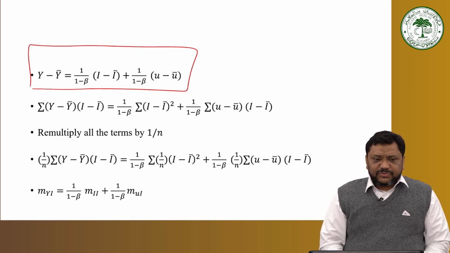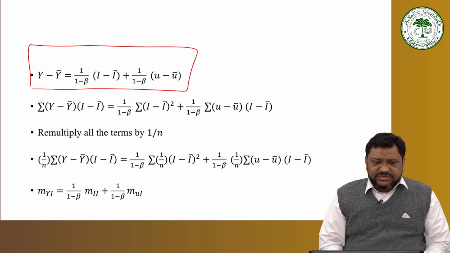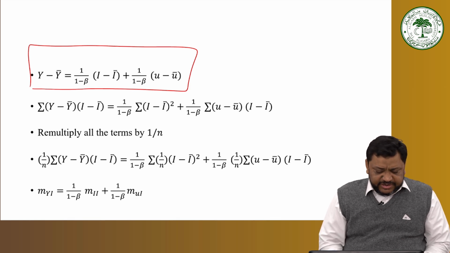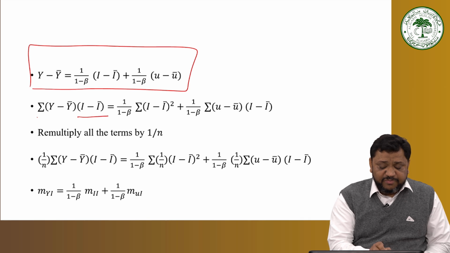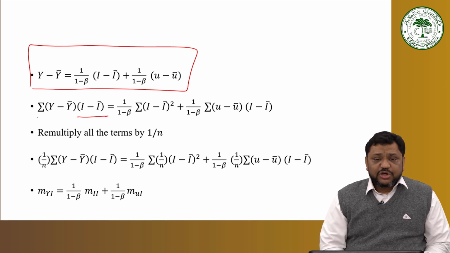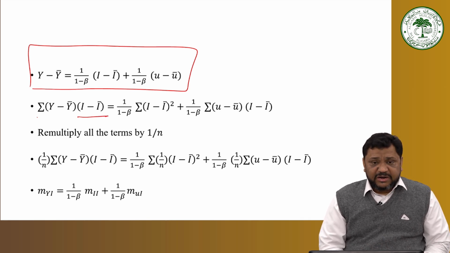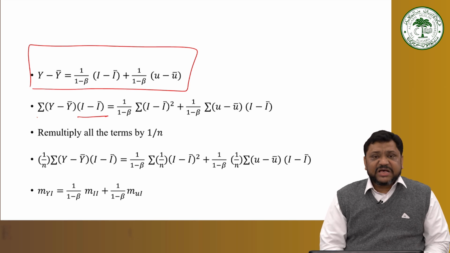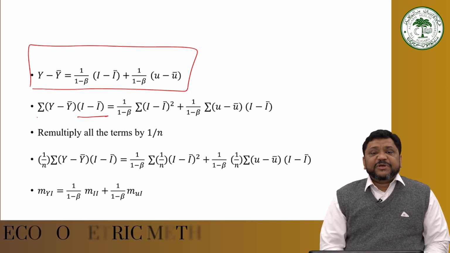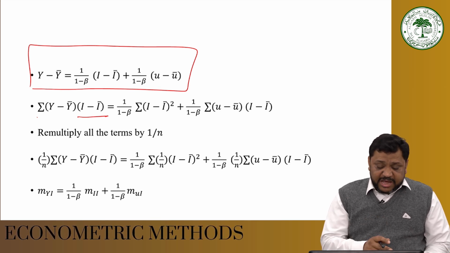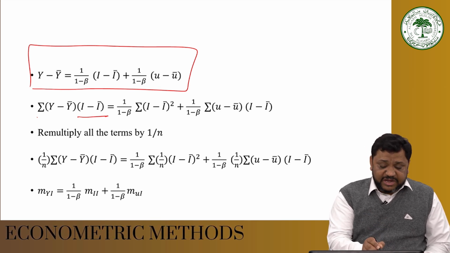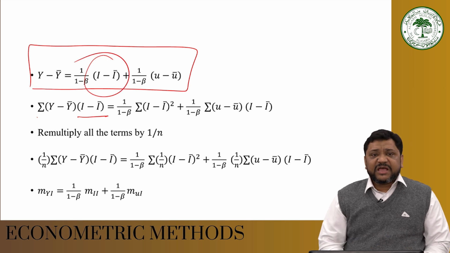With this term, we take the summation and we multiply it with I minus I bar. So summation y minus y bar multiplied by I minus I bar is equal to 1 upon 1 minus beta summation I minus I bar square, because I minus I bar was already there, we are just multiplying another I minus I bar with it.